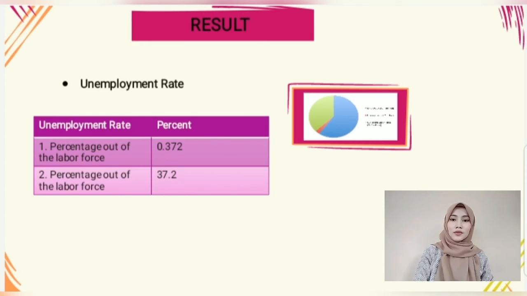This result can be written in a formula of unemployment rate, giving two figures: the first is 0.372% and the second is 37.2% of the labor force. In this table, we can see the different totals of percentage of the labor force, where the second part is higher than the first part.